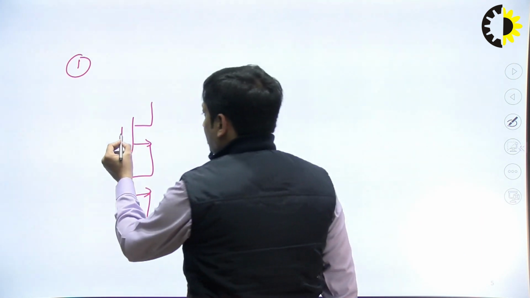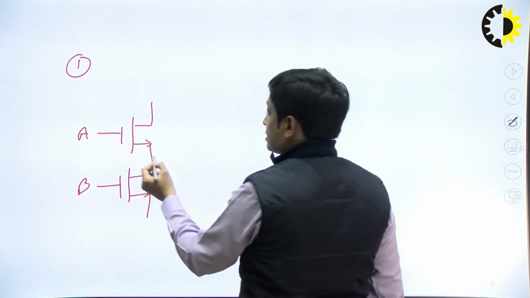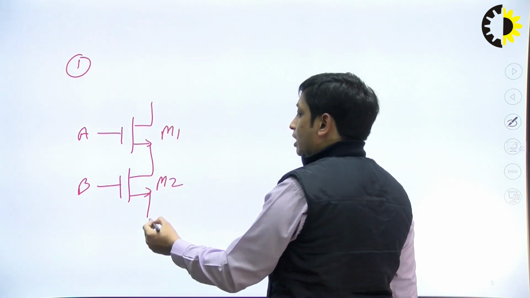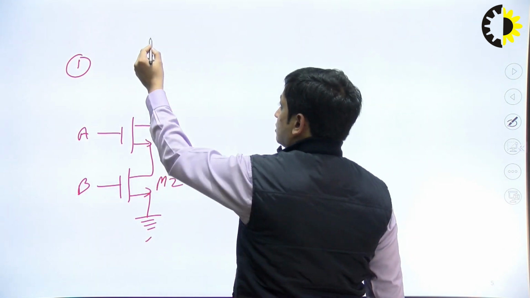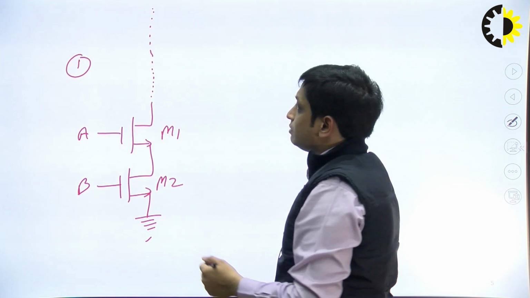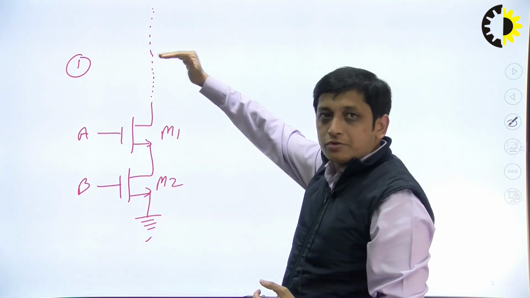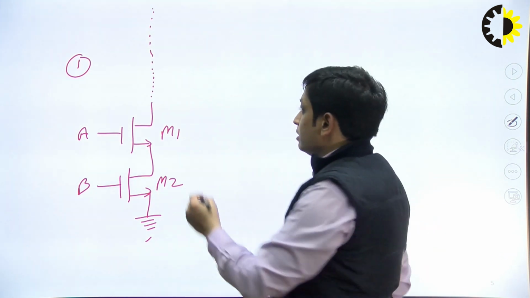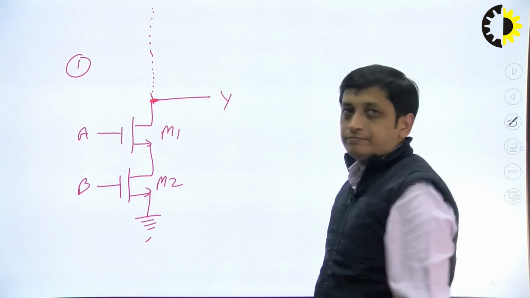If the inputs are A and B, and let's say these transistors are M1 and M2, and M1 and M2 are NMOS, and this dotted line is showing that the upper network is the pull up network, right? And from here we are taking the output Y.